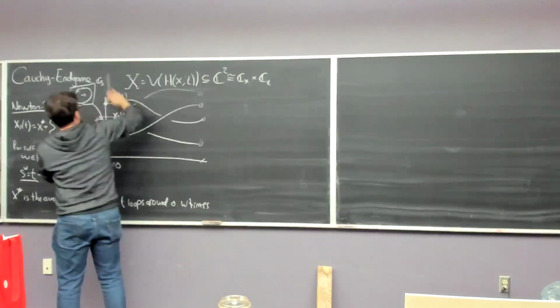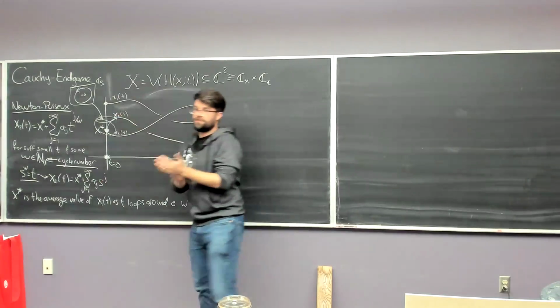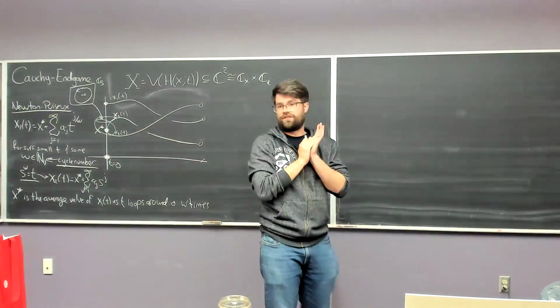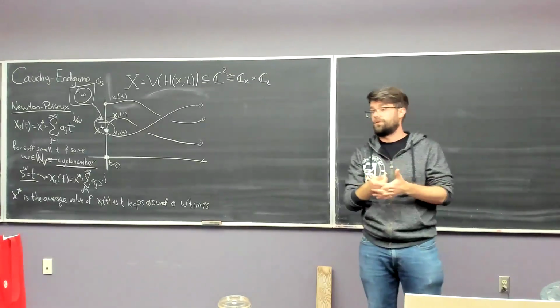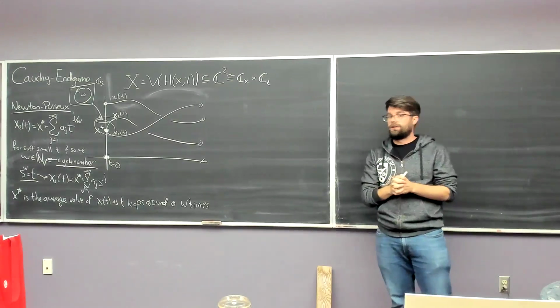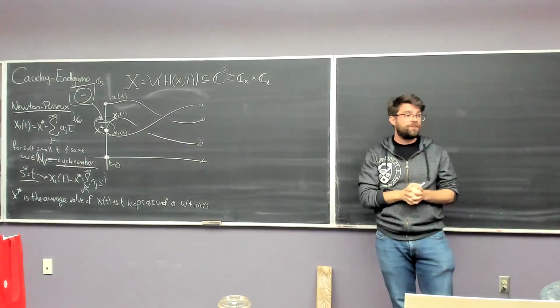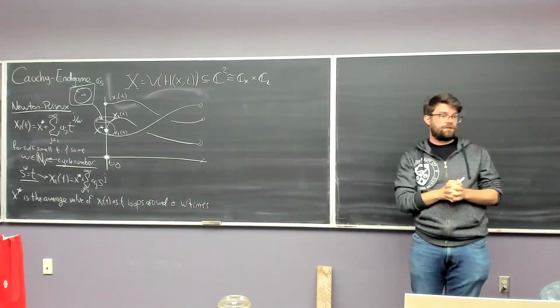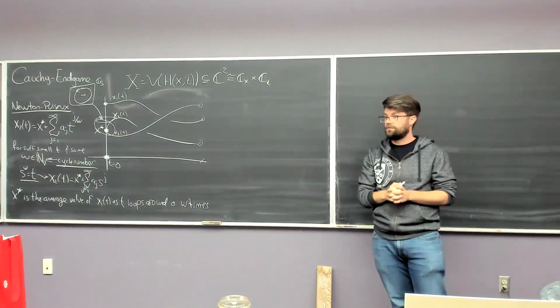It is going to happen in our multivariate setting. So there's a distinction between the univariate setting and the multivariate setting. In the univariate setting, you already know exactly how many solutions there are, counted with multiplicity, thank you very much, fundamental theorem of algebra. With multiple variables, if somebody gives you some equations, you will not know how many solutions there are with multiplicity just by looking at those defining equations.